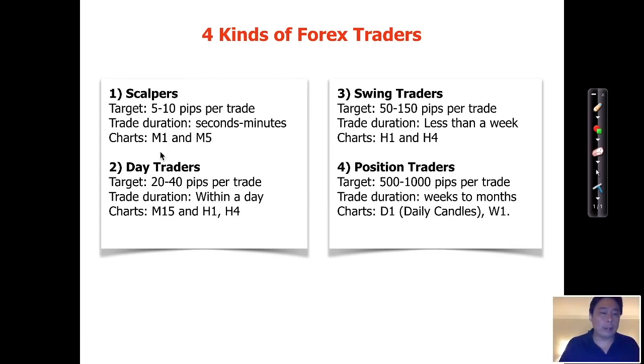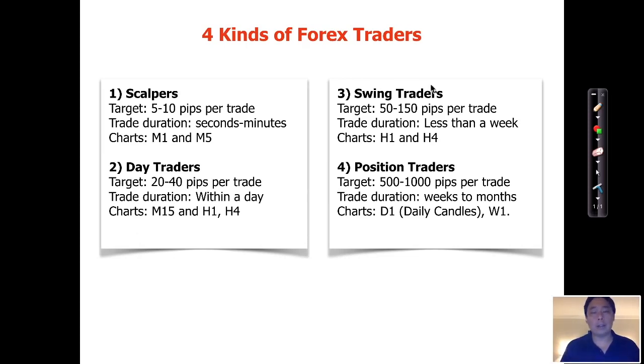Next, you've got day traders. And day traders, as the name implies, buy and sell within the day. The trade rarely passes over to the next day. By the end of the day, they close the trade. And so normally, day traders would do a couple of trades a day, maybe 2-3 trades a day.